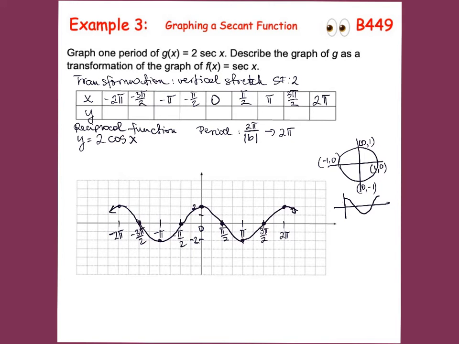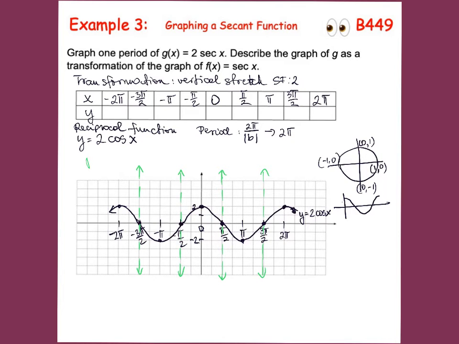And we are going to label this to be the reciprocal function, so it's y equals 2 times cosine of x. Now let's graph our asymptotes. So remember, the asymptotes appear where cosine is going to be 0. So the asymptotes of the secant function are going to be over here.